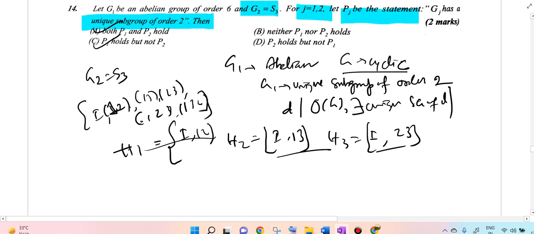So the answer is C. There is no unique subgroup, there is more than one. Options are here.